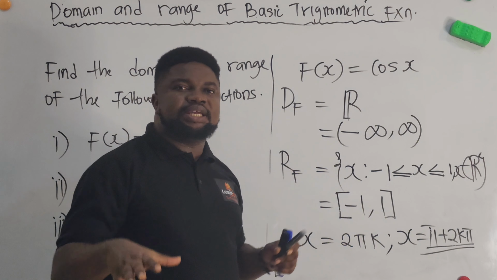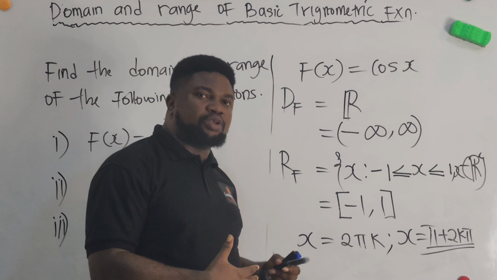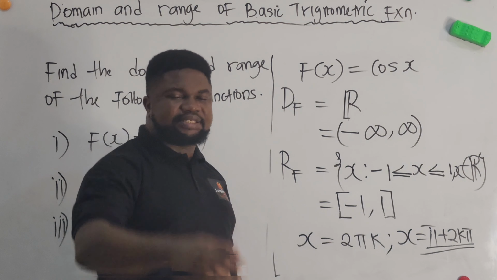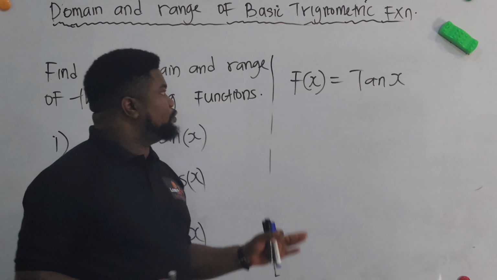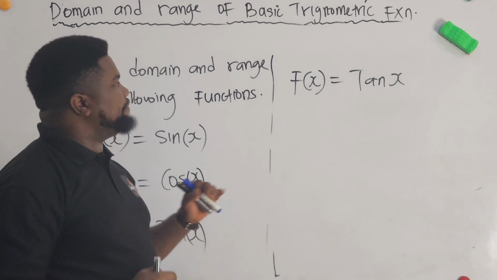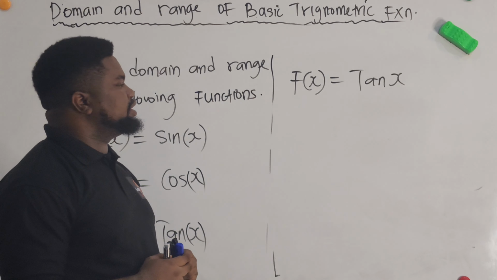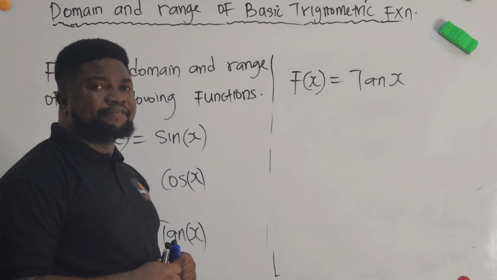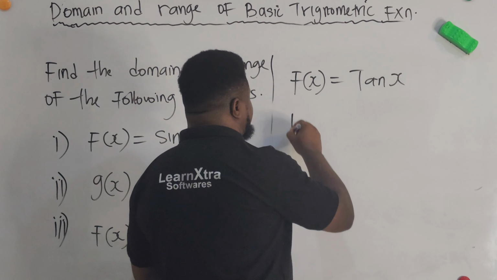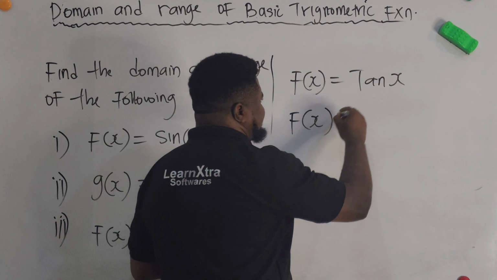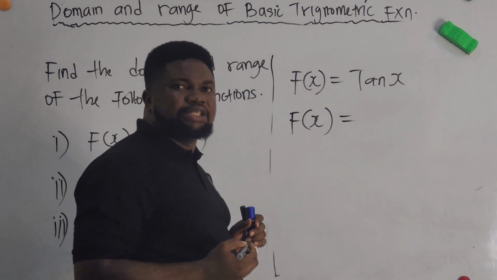So quickly, let's discuss domain and range for the tan function. But first, let me clean the board. There's something about the tan function. It's not like sine and cos. The tan function can be expressed in terms of sine x and cos x.